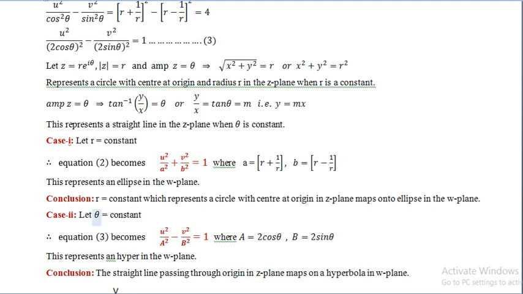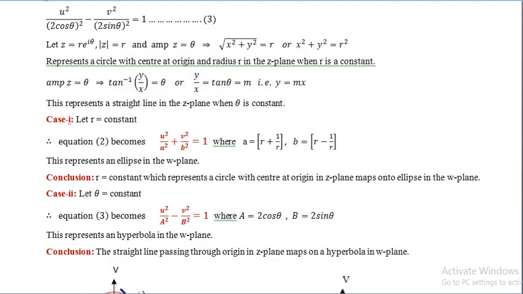Now case number 2, when theta is constant. If you consider theta as constant, our equation 3 becomes, in place of 2 cos theta whole square and 2 sin theta whole square, u square by a square minus v square by b square equal to 1, where capital A denotes 2 cos theta and capital B denotes 2 sin theta. So the same equation number 3 is written in this form, and u square by a square minus v square by b square equal to 1 represents the equation of a hyperbola in the w plane.